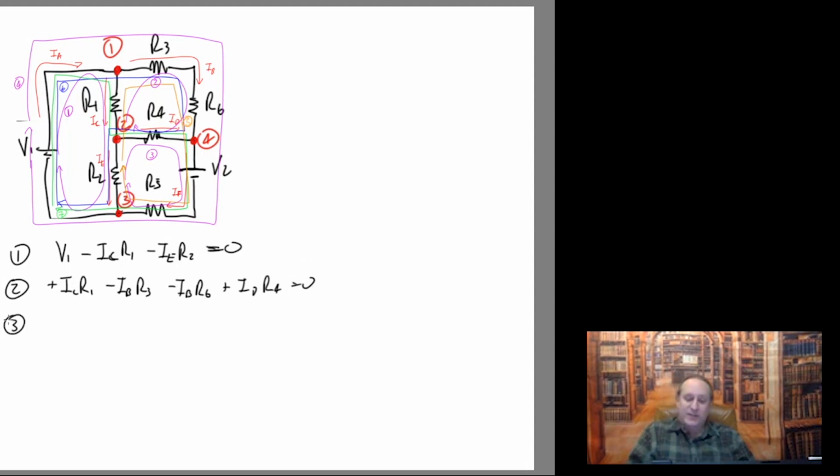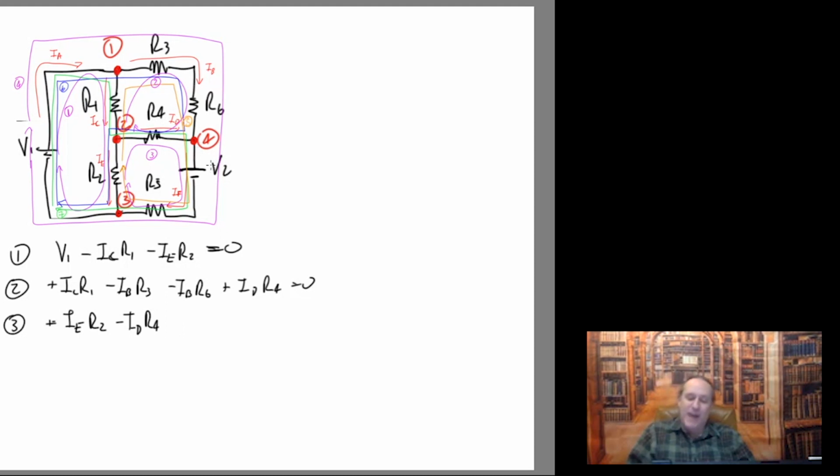For loop 3, we have a plus IE R2. So that's my first resistor is R2. I'm going up in my loop direction against the current. And then when I go across R4, I'm going with the current. So we have minus ID times R4.